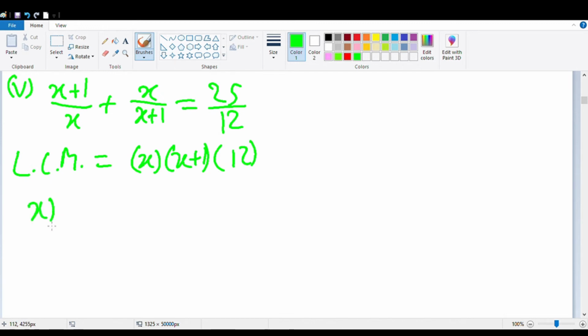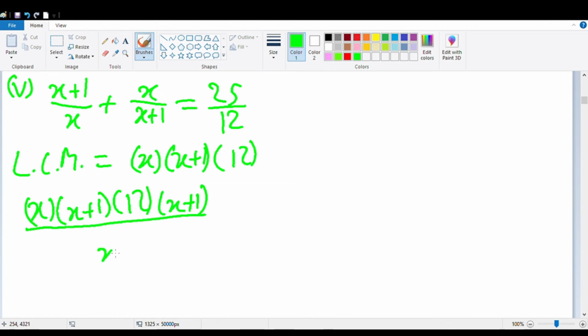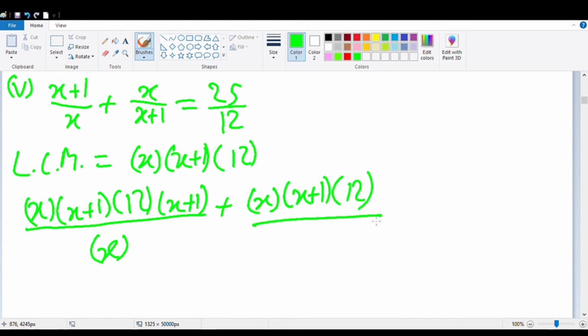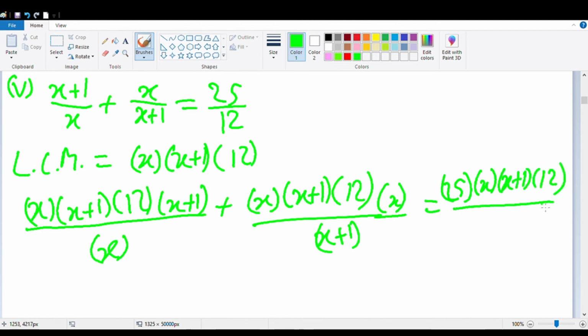So x into x plus 1 into x divided by x plus x into x plus 1 into 12 divided by x plus 1 is equal to 25 into x plus 1 into 12 divided by 12.